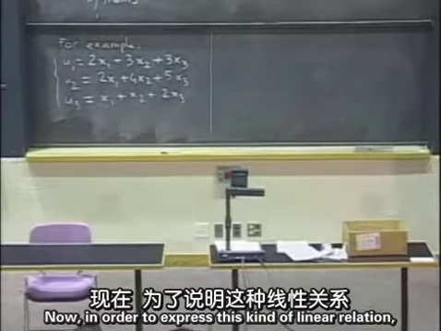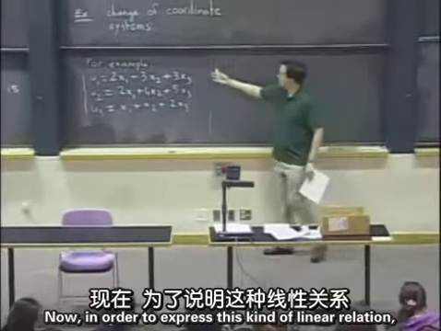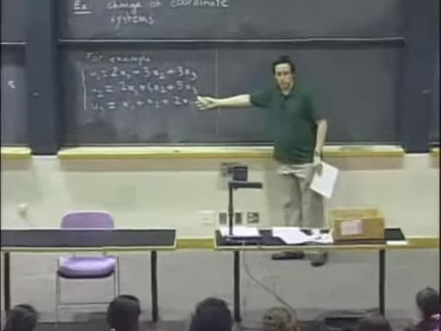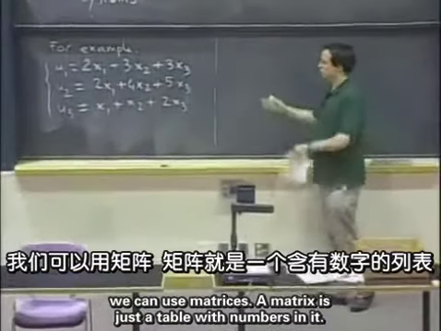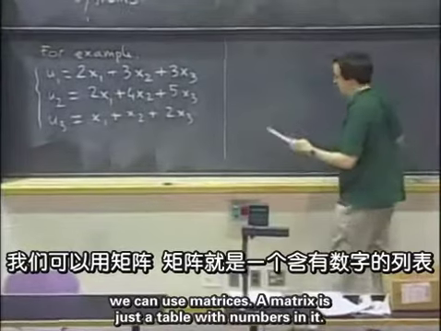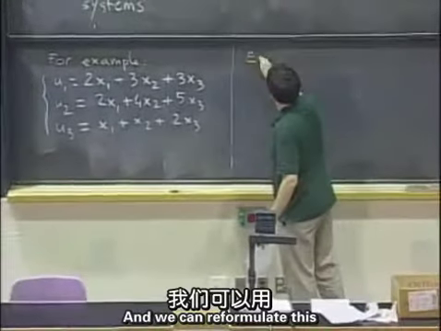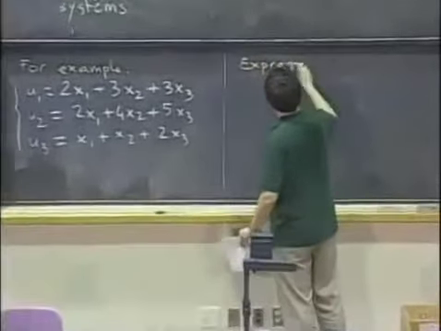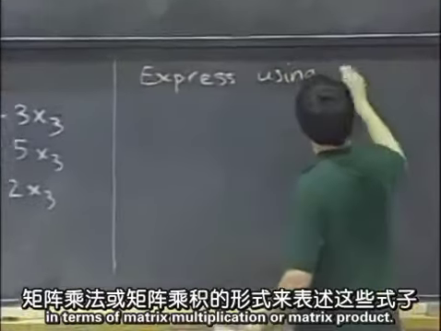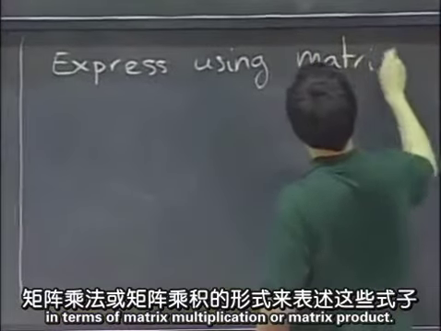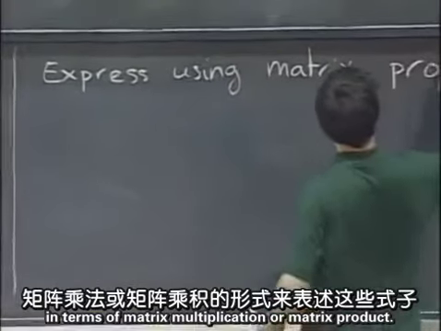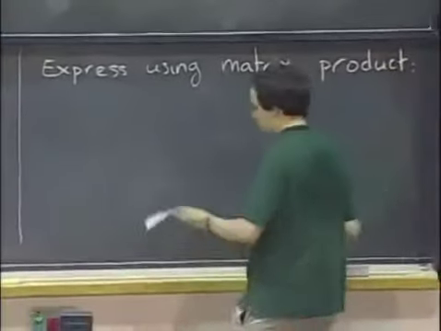Okay, so now, in order to express this kind of linear relation, we can use matrices. So a matrix is just a table with numbers in it. And so we can reformulate this in terms of matrix multiplication or matrix product. Okay?